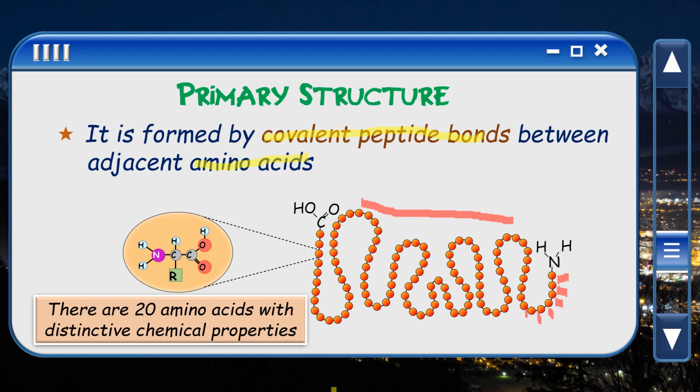Those amino acids are connected to each other by a covalent peptide bond, formed through the process of condensation, where we lose a water molecule. Here is our amino acid: one side will connect one amino acid, and the other side will connect another, until we form a long chain, which we call a polypeptide.